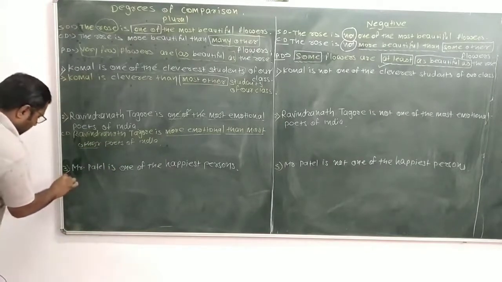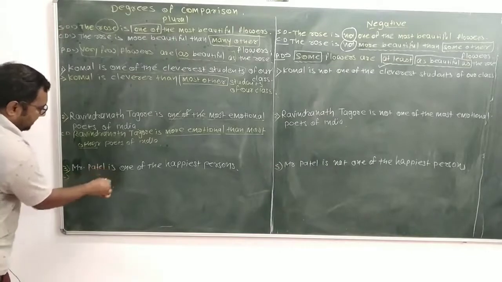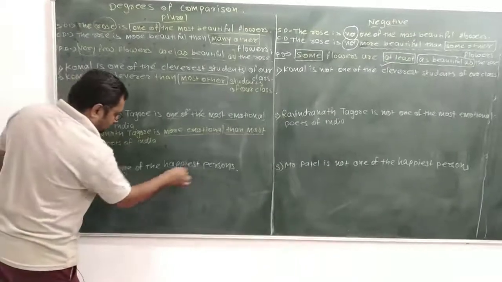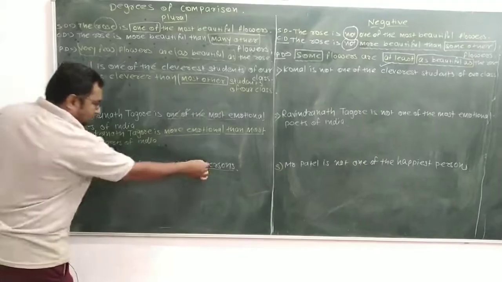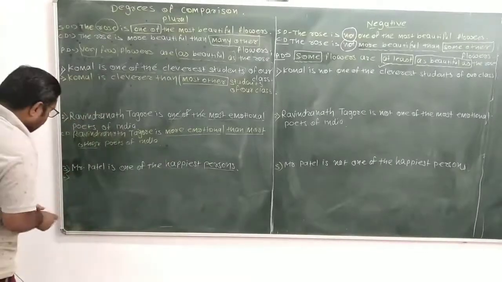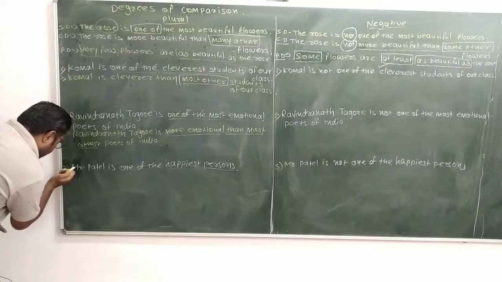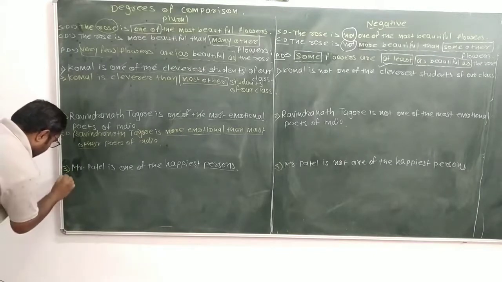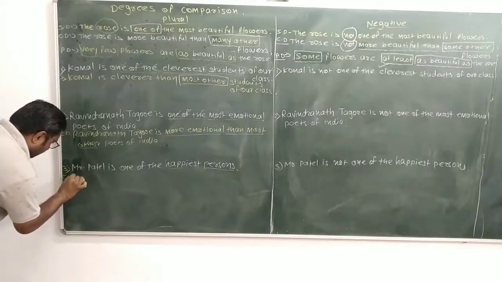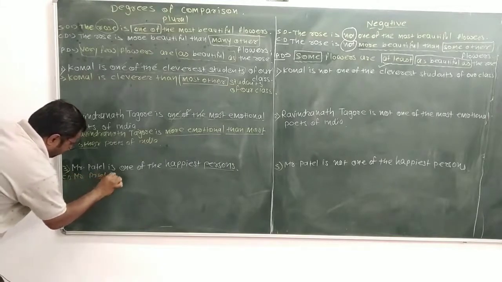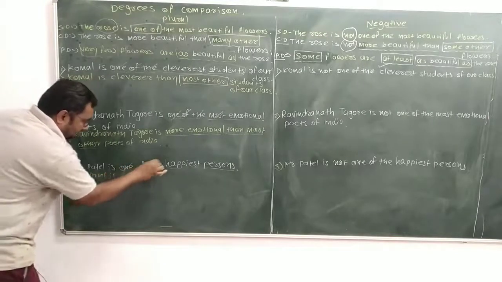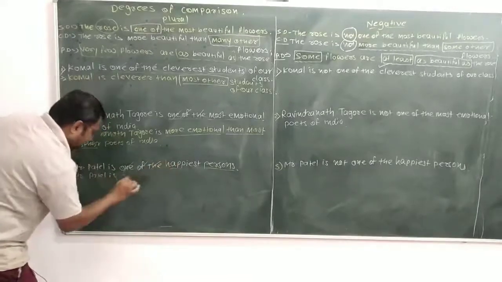Now, third one, Mr. Patel is one of the happiest persons. So what is Mr. Patel? Person. So we try to make comparative degree here. First of all, Mr. Patel is, remove "one of the" happiest, so happier.